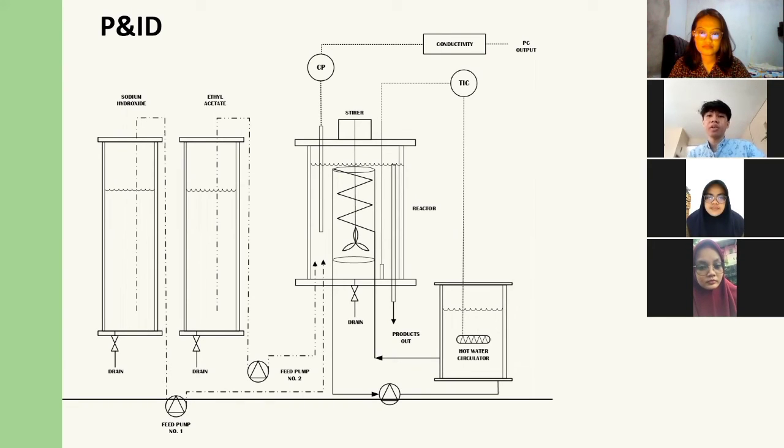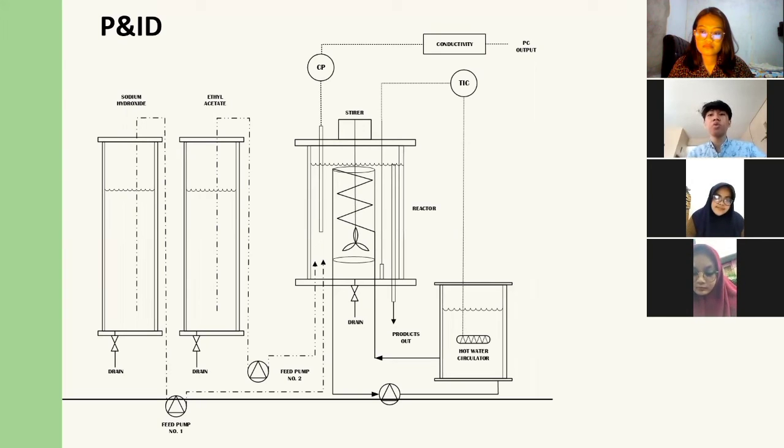Inside the reactor, the stirrer will rotate and the mixture will be heated with hot water in the circular pipe from the heating vessel. Also in the reactor, the conductivity will be measured with a conductivity sensor, and the reading will be sent to the computer.